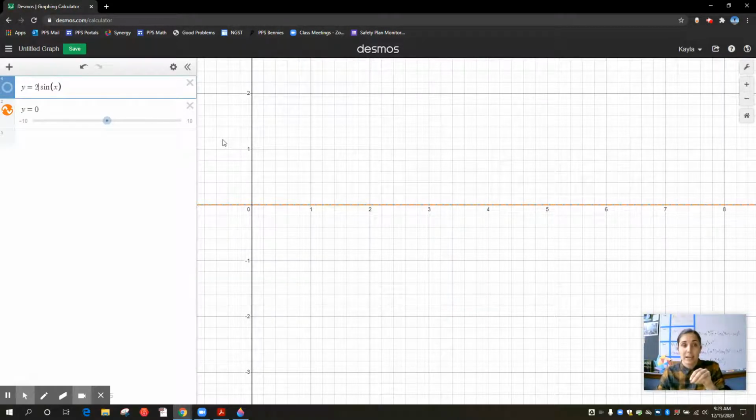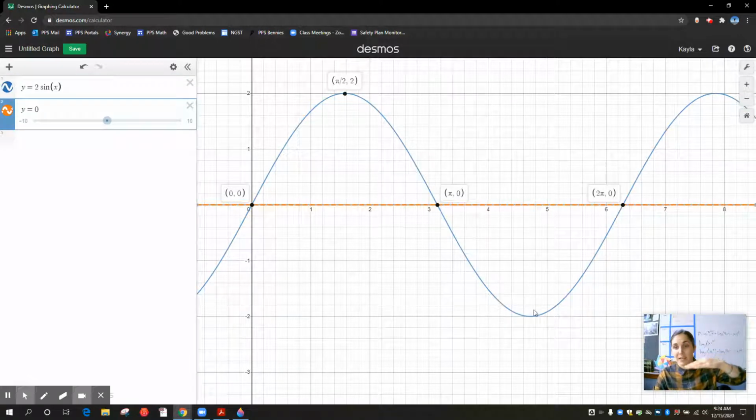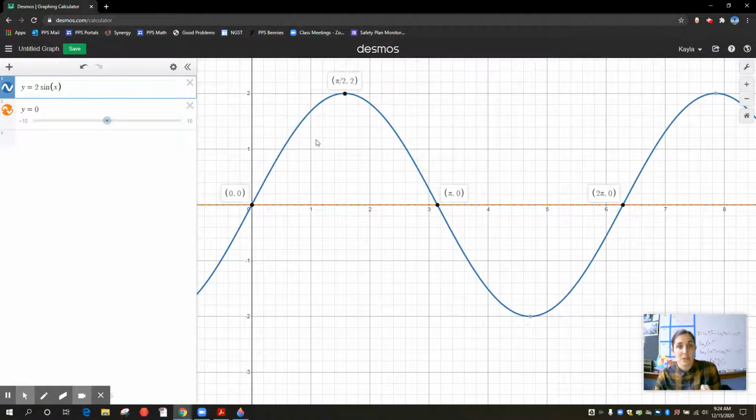So what does that look like for sine? Well, the points along the midline, notice their y values were 0, so 0 times 2 kept them the same, but the rest of the graph got stretched up 2. This is called the amplitude of the graph. It's the distance from the midline to the peak, or again, from the midline to the valley.